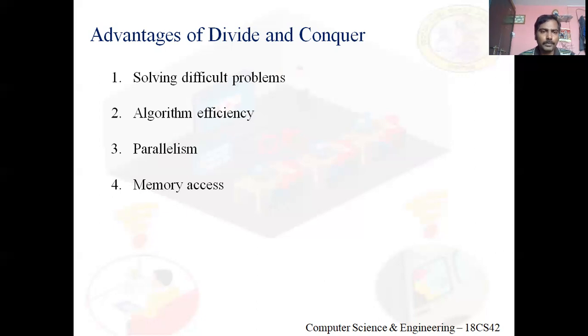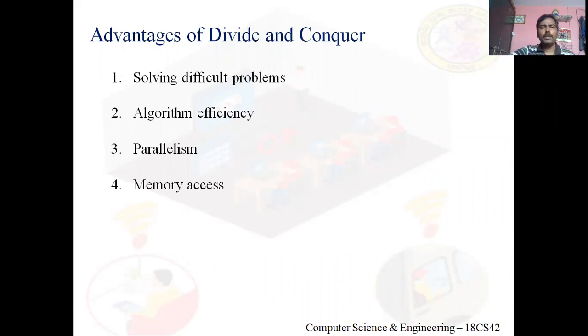Clear? So solving difficult problems means whenever the problem instance is very large, and a brute force strategy seems to be a time consumer, we will divide that problem into several subproblems. Almost all subproblems will be of the same size.